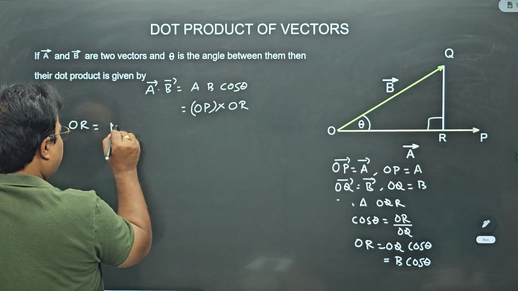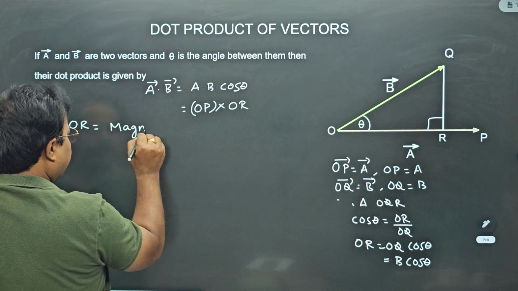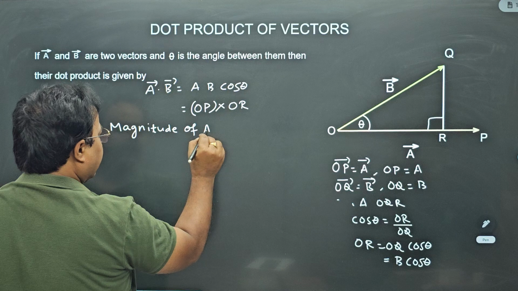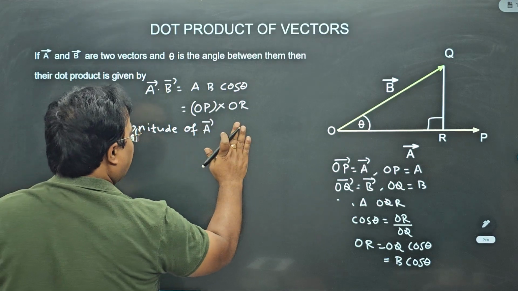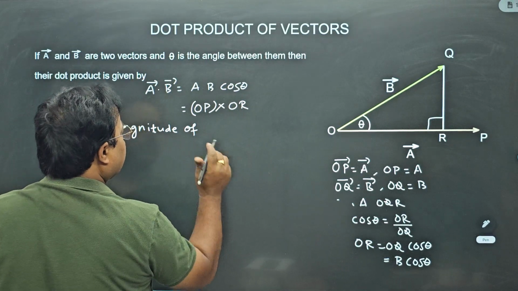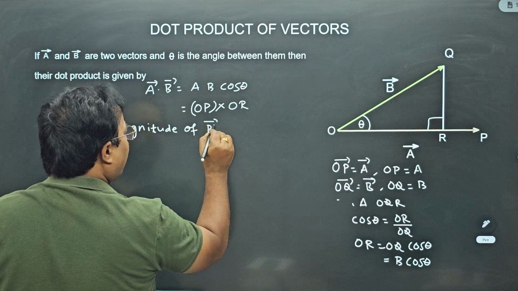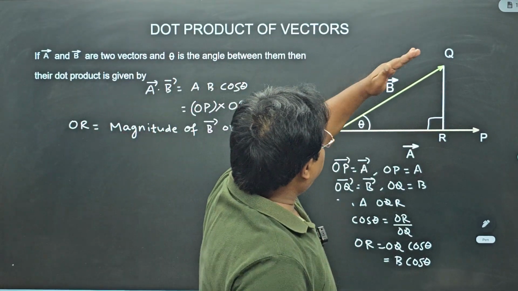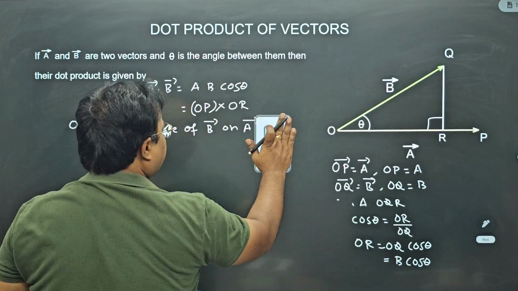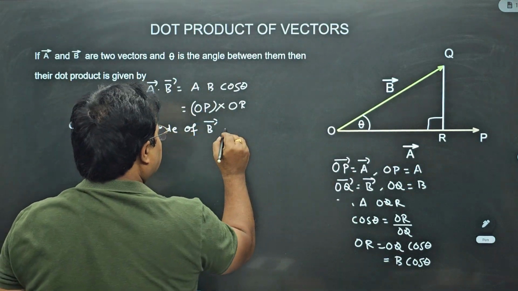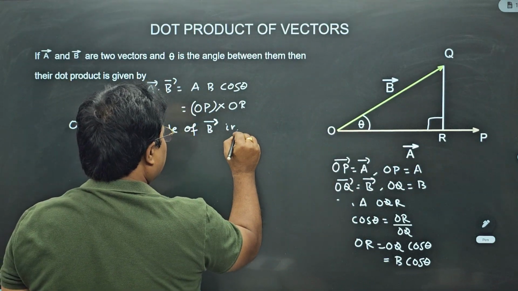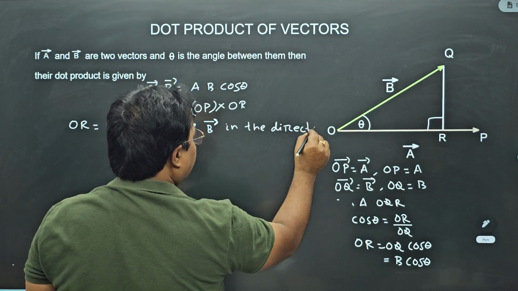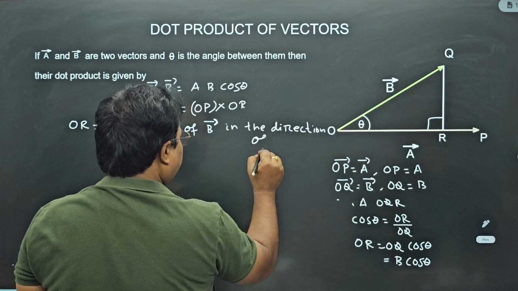We can write the magnitude of B vector on A vector. It means the magnitude of B vector in the direction of A vector.